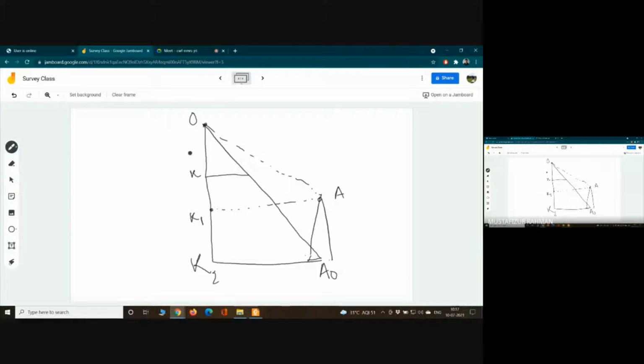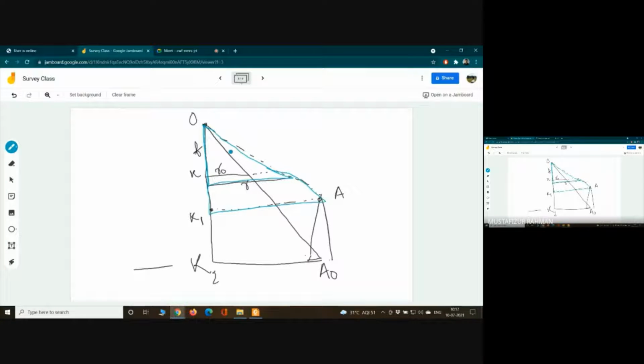Like this. So this is F, and we are saying this is R naught, and we are saying this is R, like this. So we are using this triangle, and we are using this triangle.